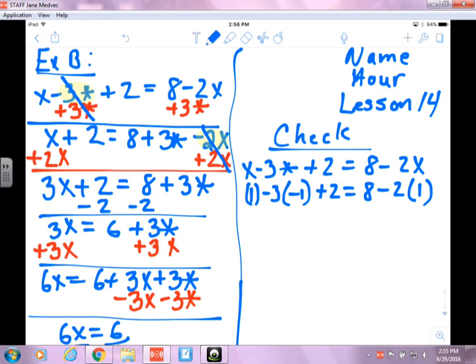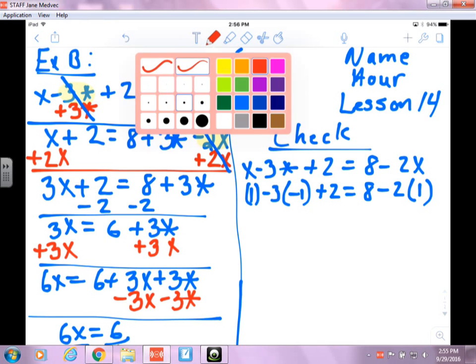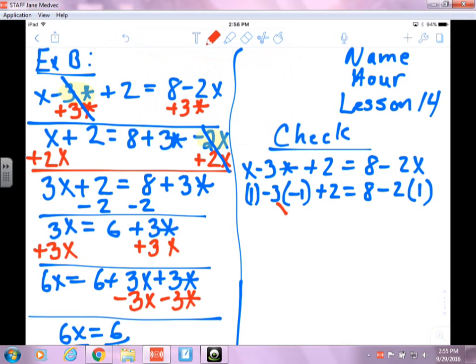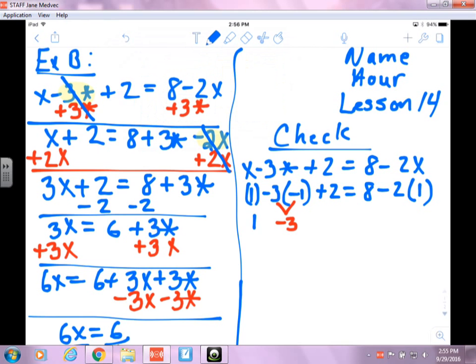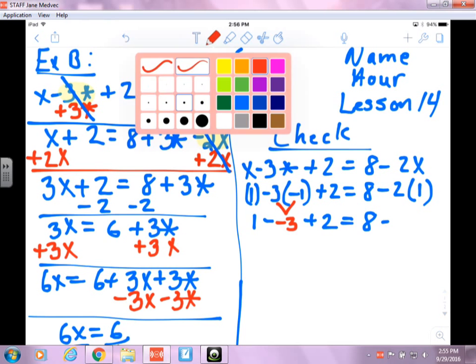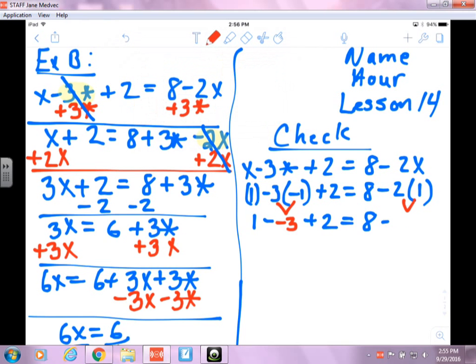What do I do first here? Multiply. So I'm going to multiply these two. 3 times -1 gives me -3. So 1 minus a -3 plus 2 equals 8 minus, and I can multiply there too and get 2.